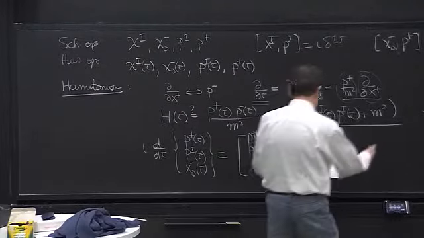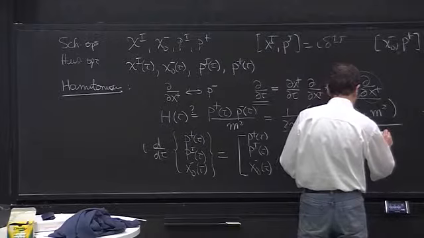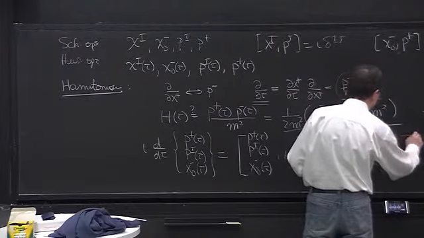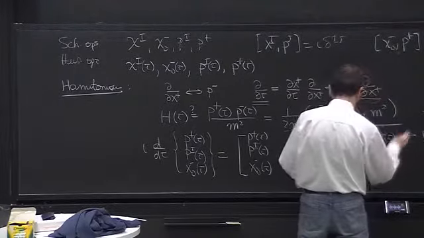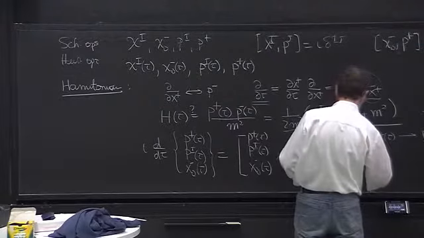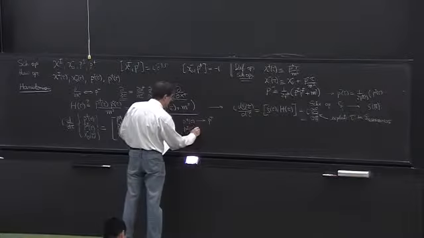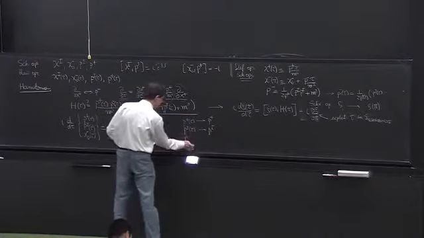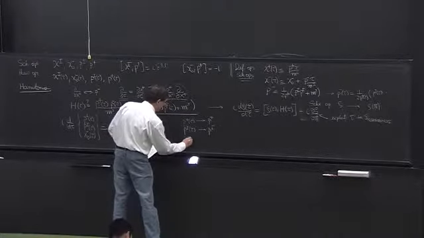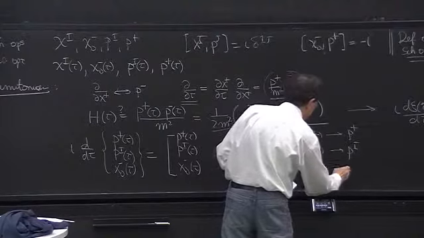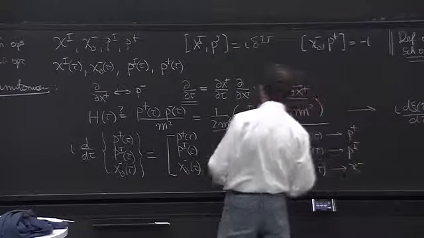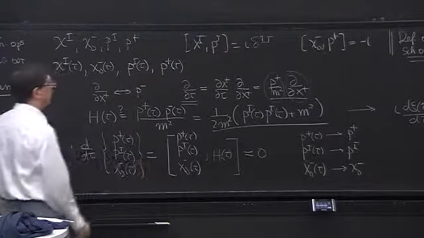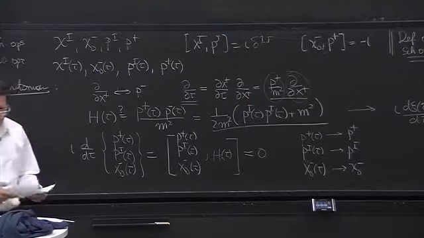So instead of writing P plus of tau, we can write P plus, even in the Heisenberg picture. Instead of writing Pi of tau, we can write Pi. And instead of writing X0 minus of tau, we can write X0 minus. And that's all because we wrote a decent Hamiltonian.